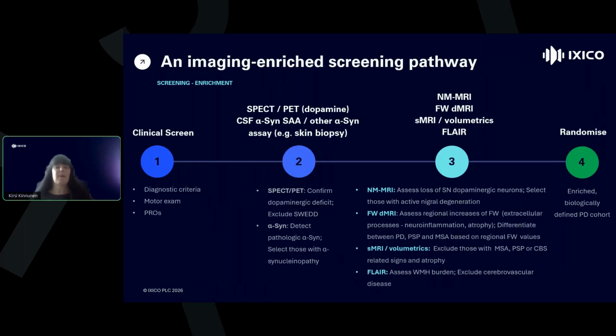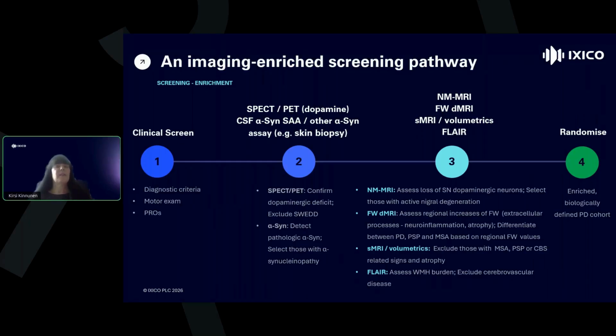Neuromelanin-sensitive MRI, NM-MRI, shows active nigral degeneration, which is particularly useful when the therapy targets the substantia nigra dopaminergic system directly. Adding free water diffusion MRI can help to identify those with high free water regionally, which can help to exclude those with neuroinflammation-related co-pathology, as well as to differentiate Parkinson's disease from atypical Parkinsonian disorders.